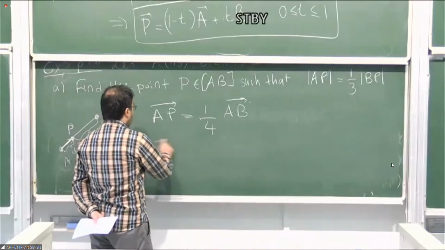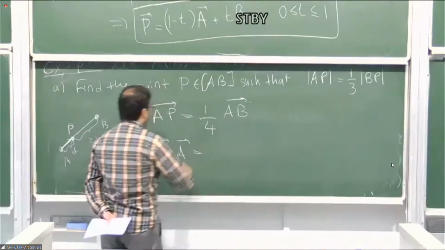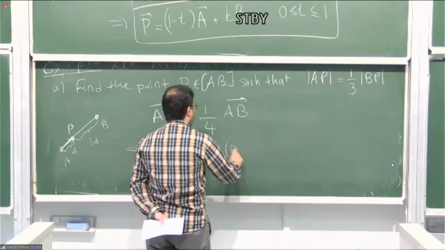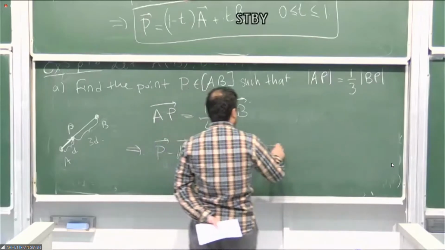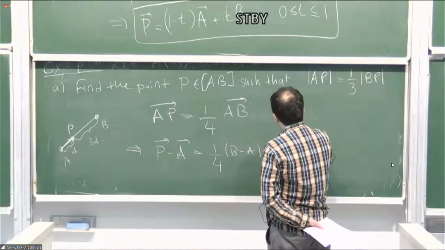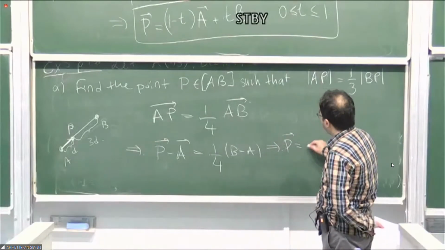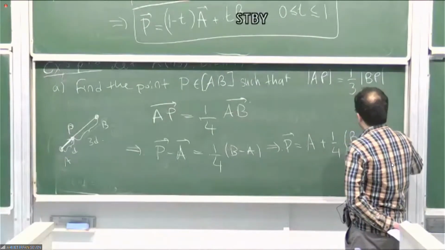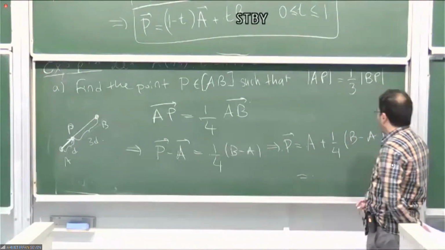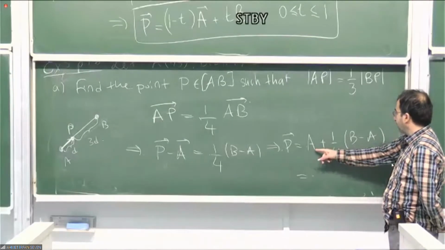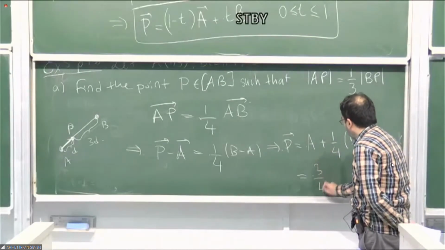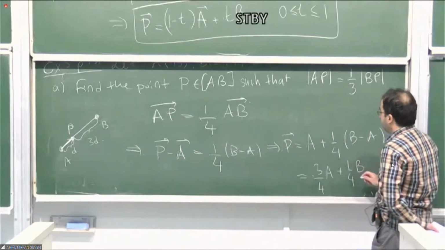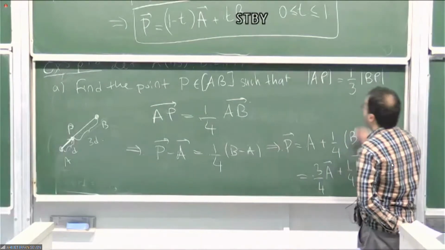Okay, let's now write the position vectors. P minus A will be equal to 1 over 4 times B minus A. From here, P will be equal to A plus 1 over 4 times B minus A. So it will be 3 over 4 A plus 1 over 4 B. You see?